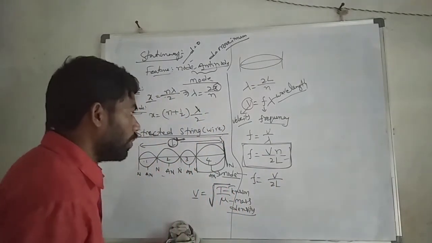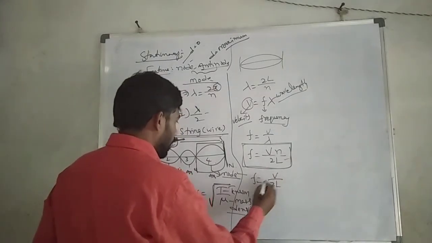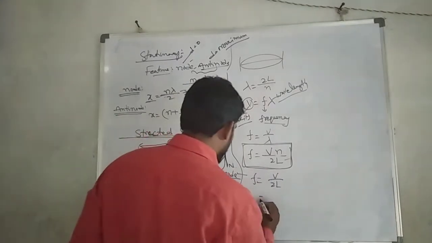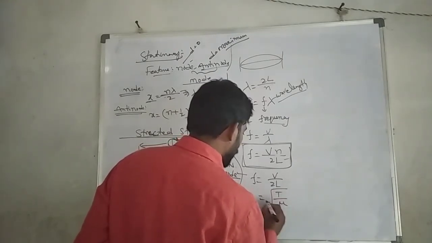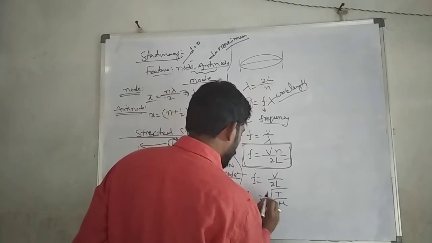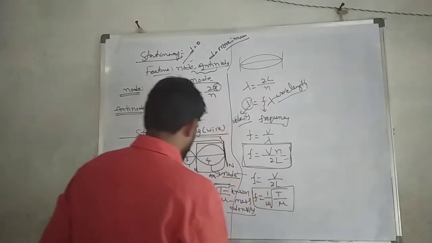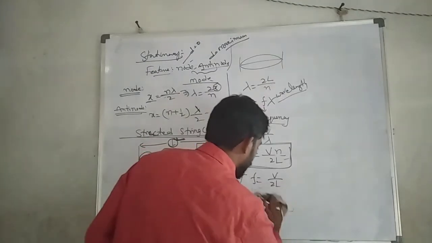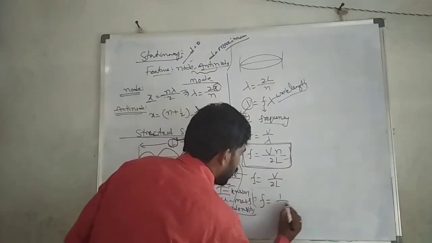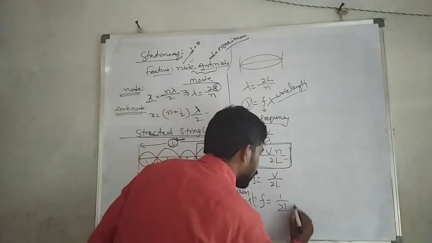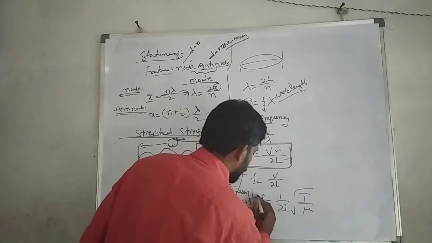Then what is v? v equals the square root of T by mu. So f equals 1 by 2L into the square root of T by mu.